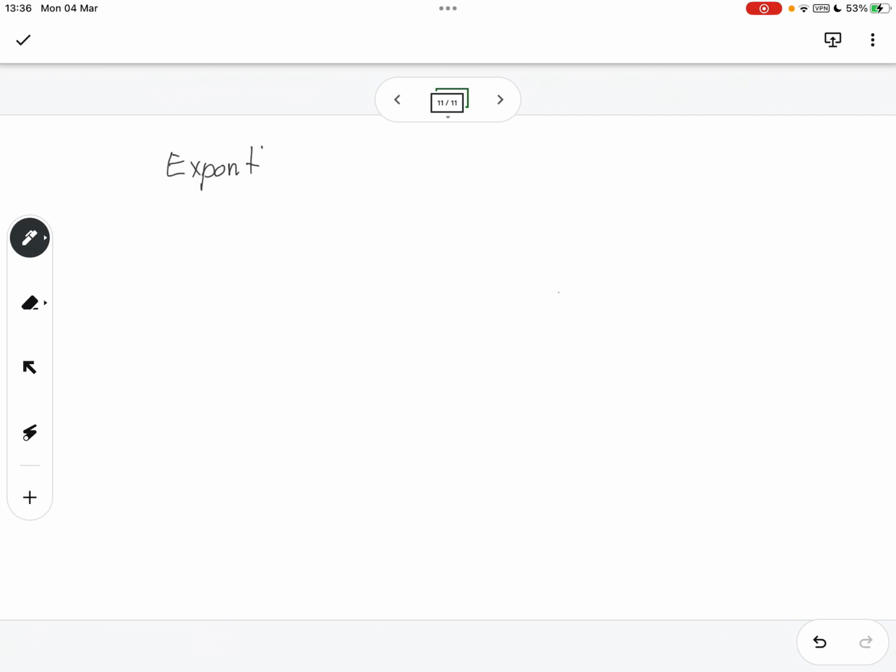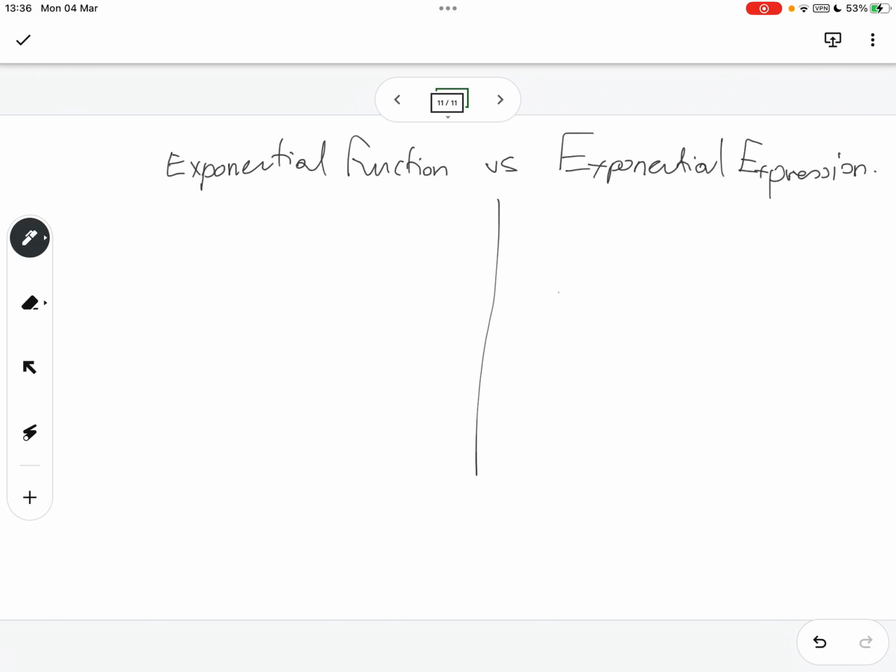So I just want to write that down. Okay, so I think we should differentiate exponential function versus exponential expression.